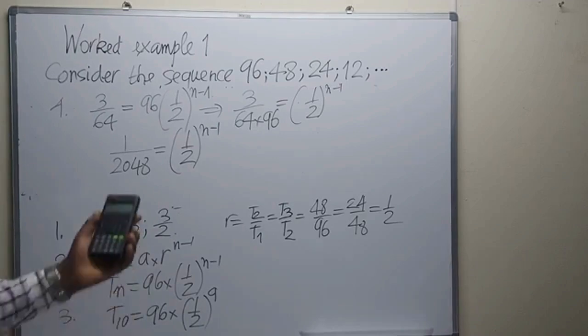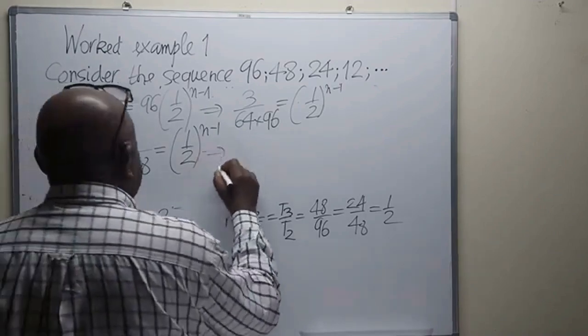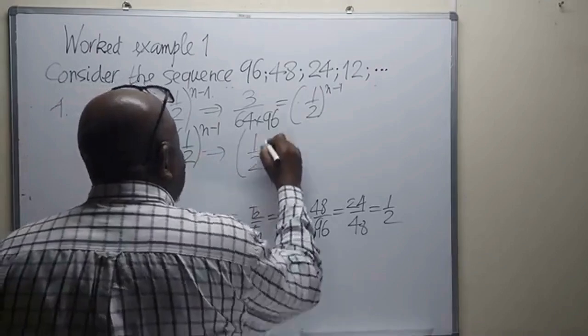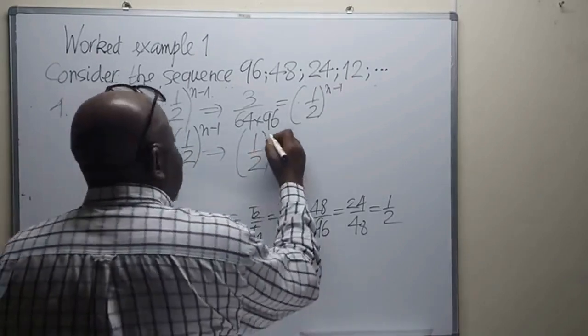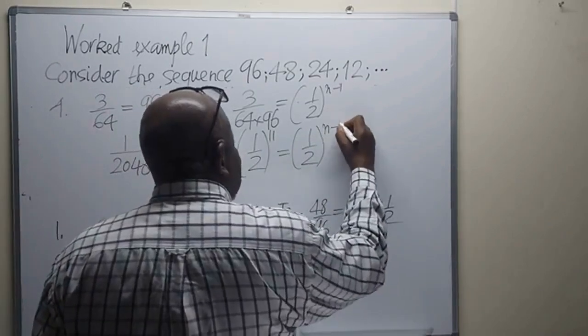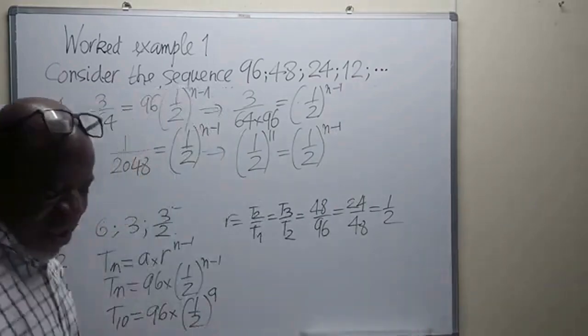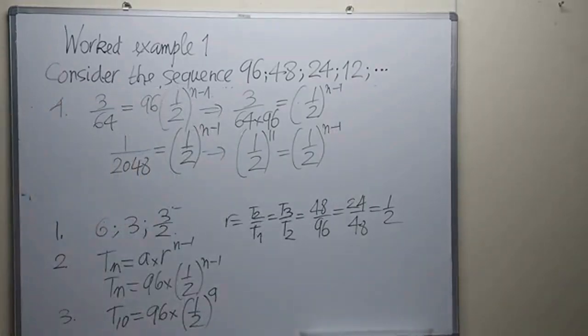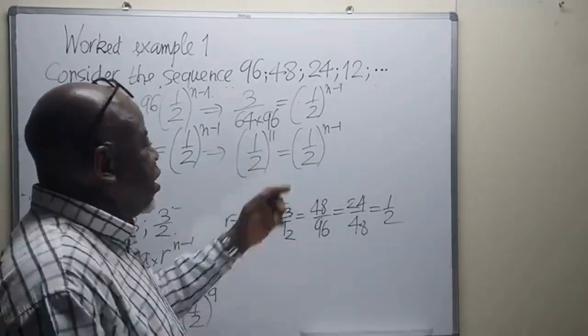Okay, so this will be written 1 over 2 to the power of 11 will be equal to 1 over 2 to the power of n minus 1. As you can see, we're going to equate these two, left and right side.